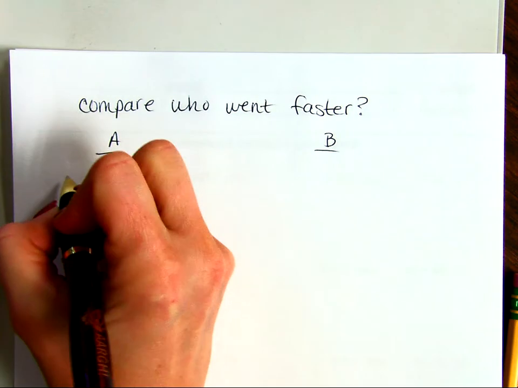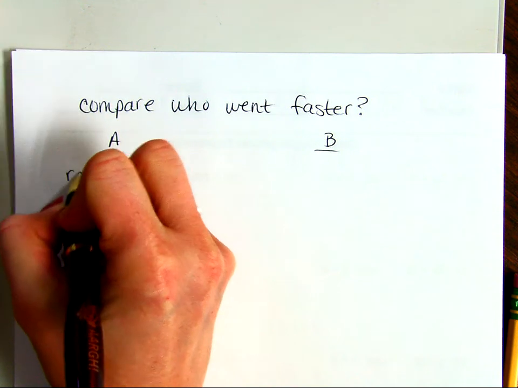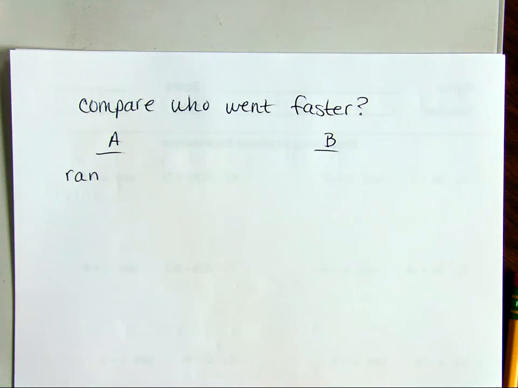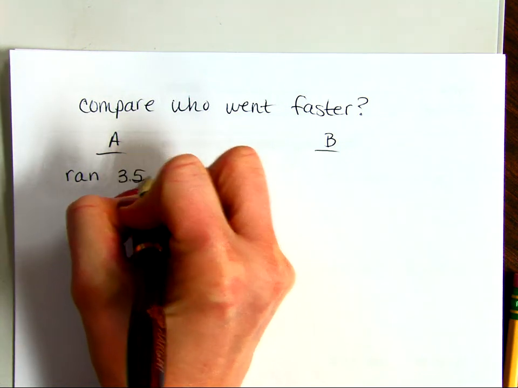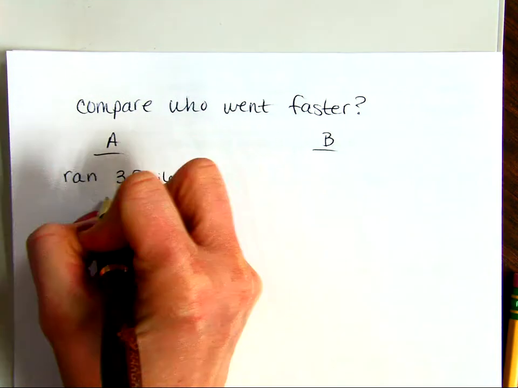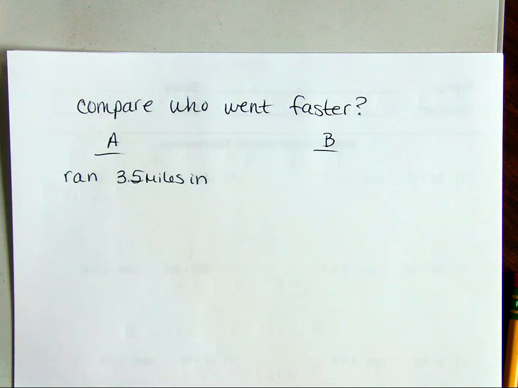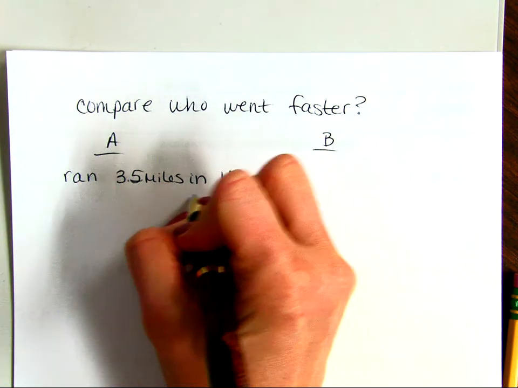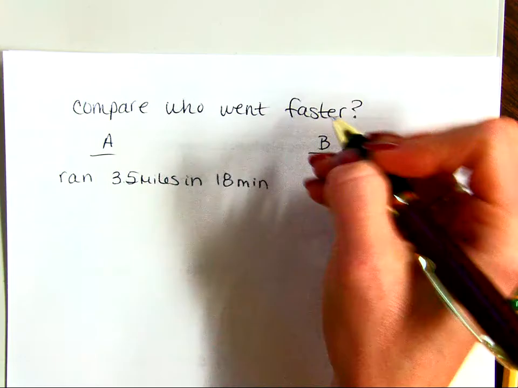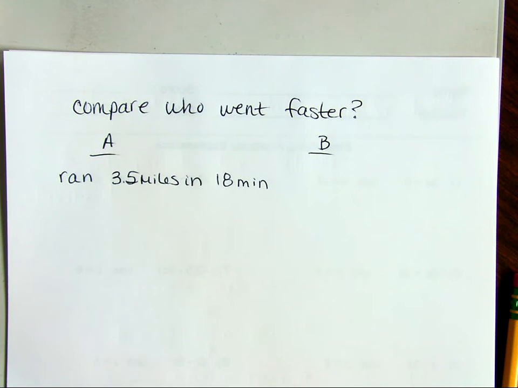Person A ran, I'm making this up, so I'm hoping that it makes somewhat sense, person A ran 3.5 miles in, let's see, we're going to do minutes, so 18 minutes. Okay, pretty good, pretty fast.